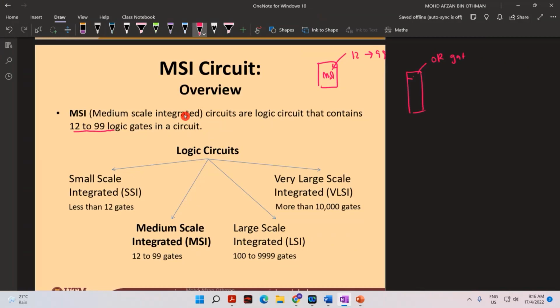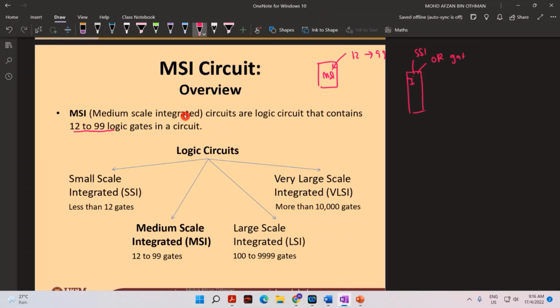So this one has 6 OR gates, and we call it an SSI, because a single IC consists of 6 OR gates, or maybe 8 gates, 3 gates, etc. Later we will see more details on this part.